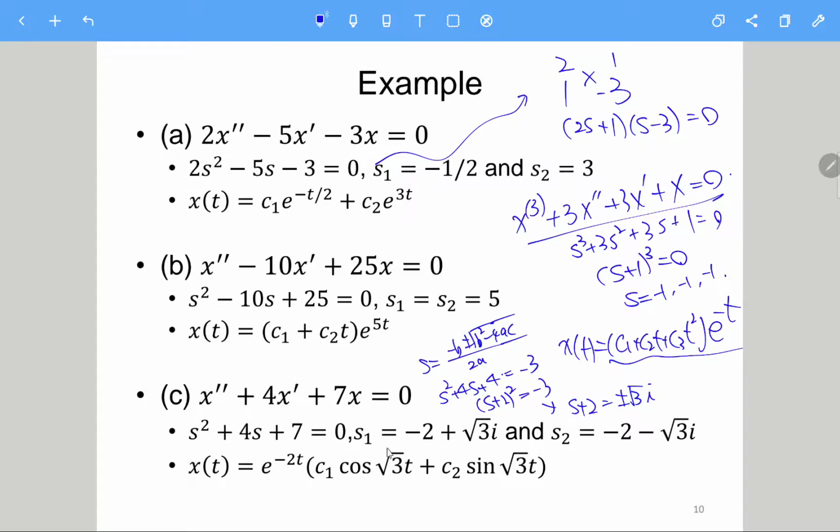So we have cosine square root of 3t and sine square root of 3t, multiplied by c1 and c2 and added together. So this is the complementary solution, or the homogeneous solution, for this equation. So up till now, any questions?